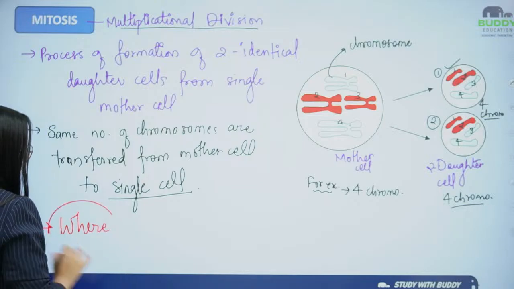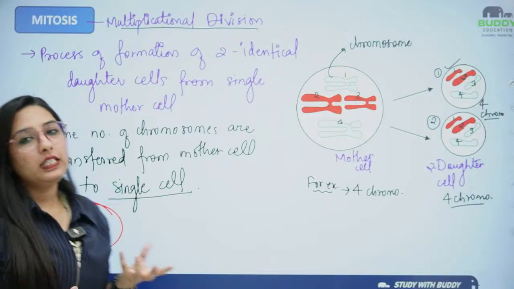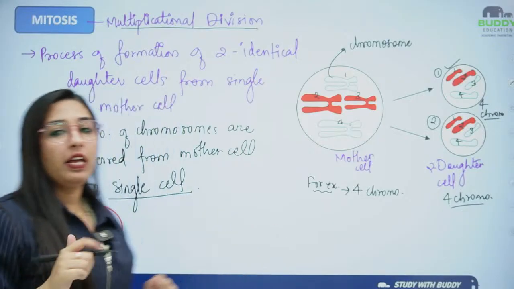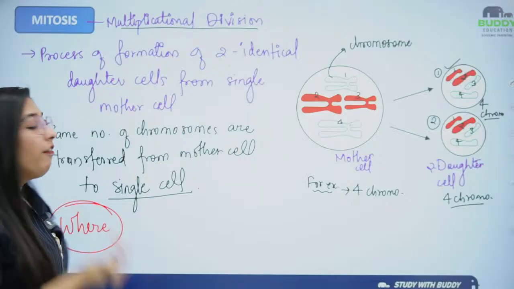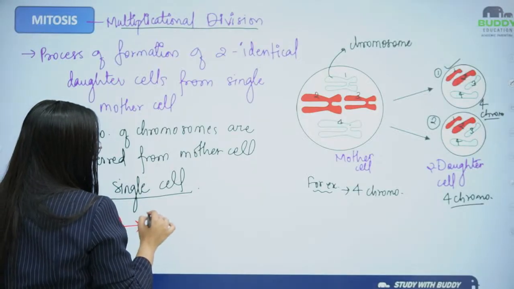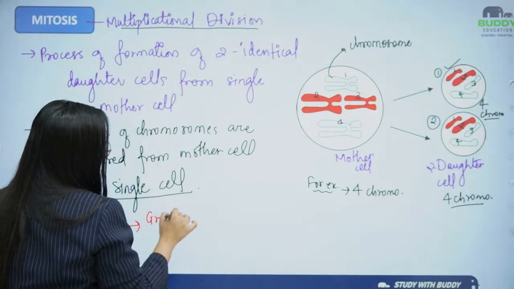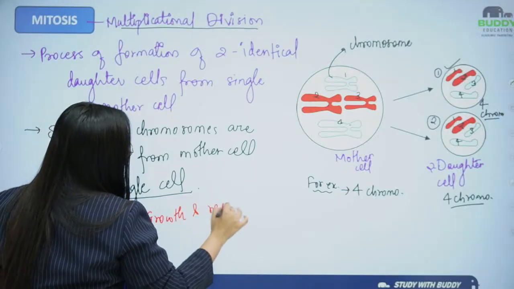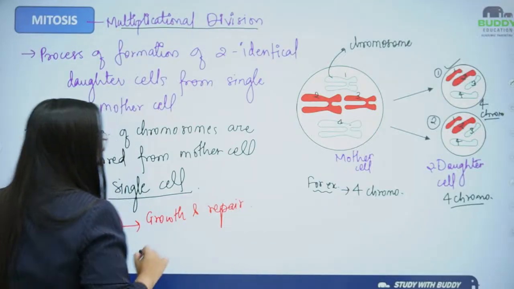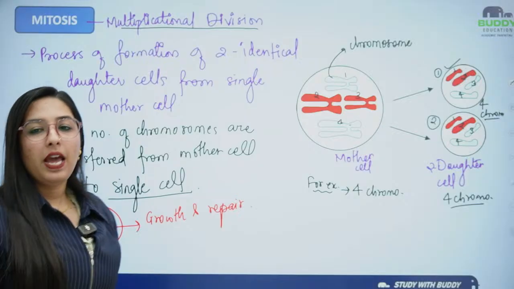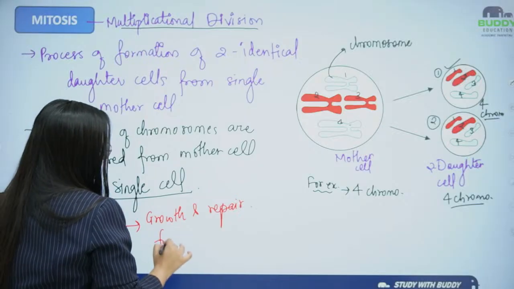Where is mitosis happening? Mitosis is happening where we need growth and repair.